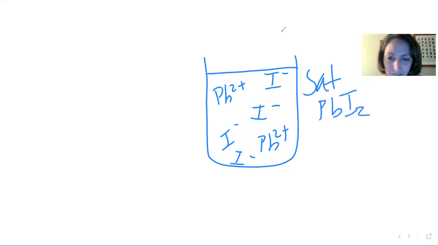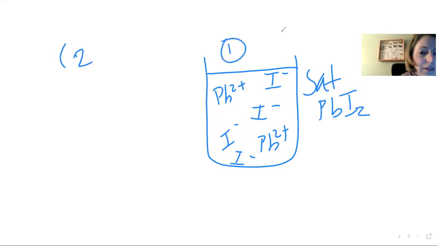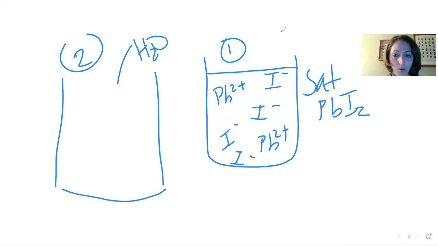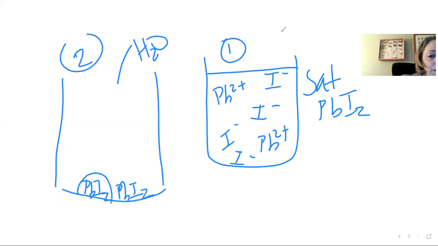Perfectly saturated. That's what it looked like originally. Then once you let the water evaporate, the lead iodide wasn't able to stay dissolved, so what you had left at the bottom was just PbI2, as precipitate, as solid.